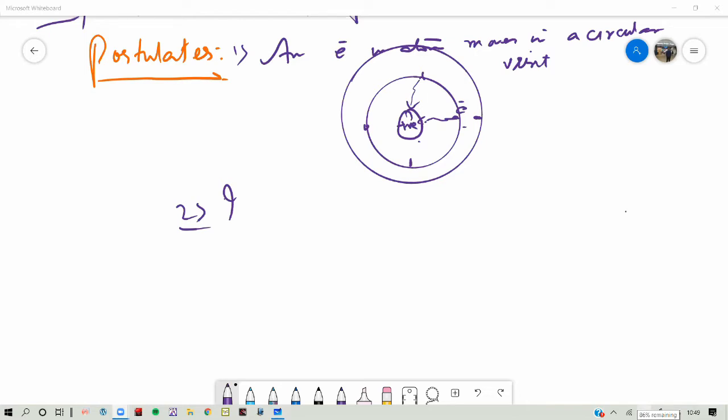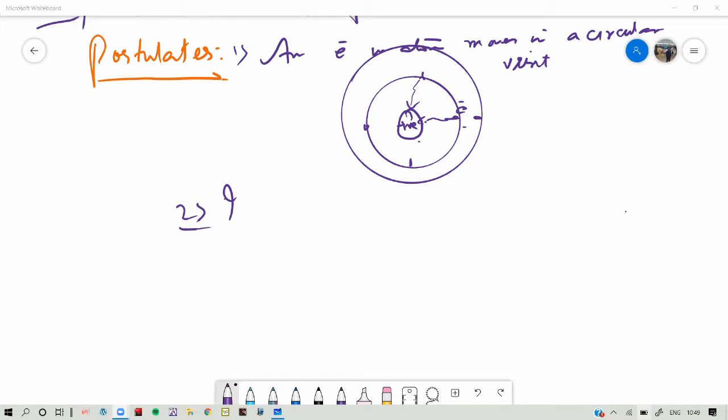So according to classical mechanics and Bohr, there may be infinite orbits possible, but for an electron it is not possible to move in every orbit.